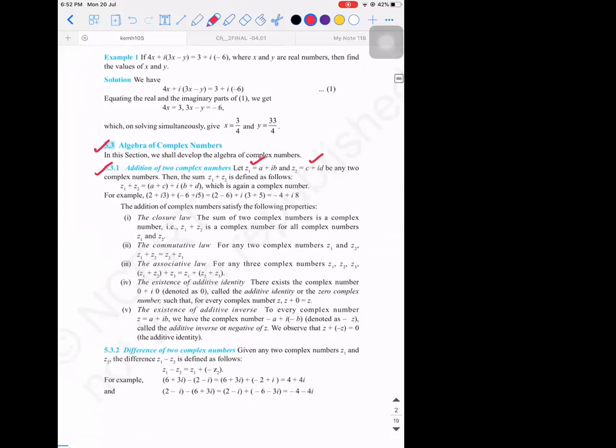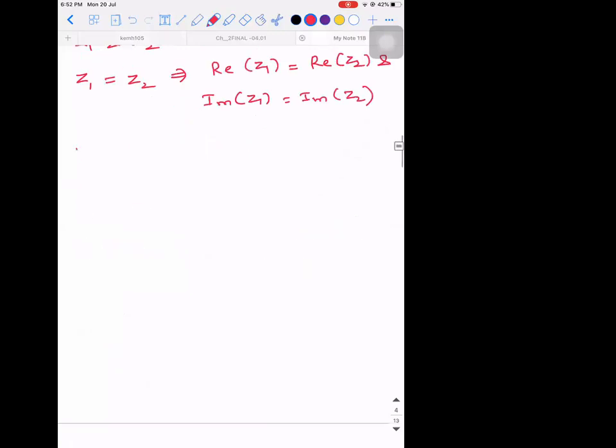Let Z1 and Z2 be any two complex numbers. Then Z1 plus Z2 is defined as what? If Z1 is equal to A plus iB and Z2 is equal to C plus iD, Z1 plus Z2 is nothing but adding the real part of Z1 and the real part of Z2.